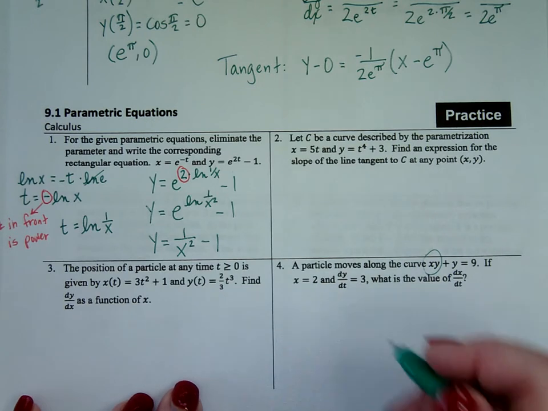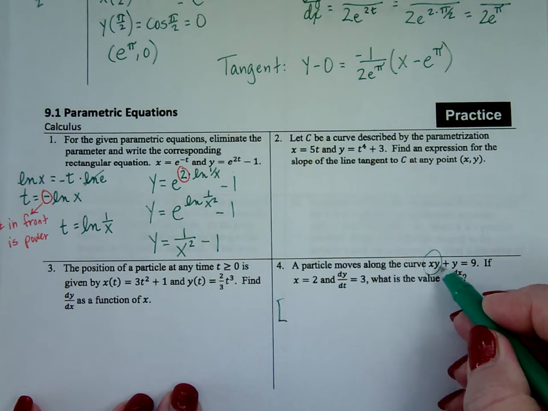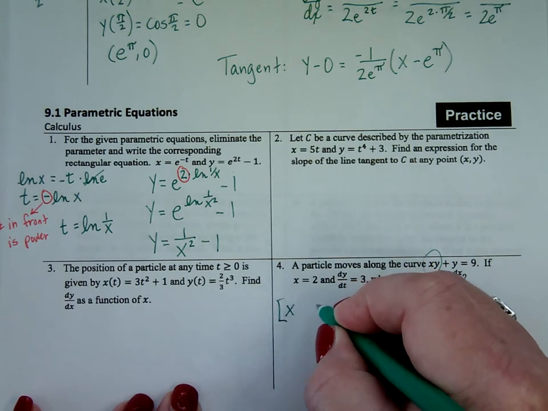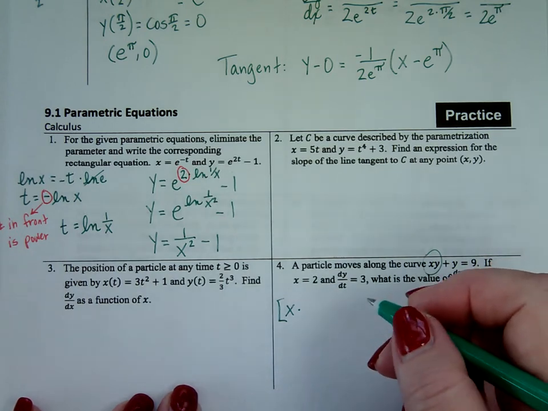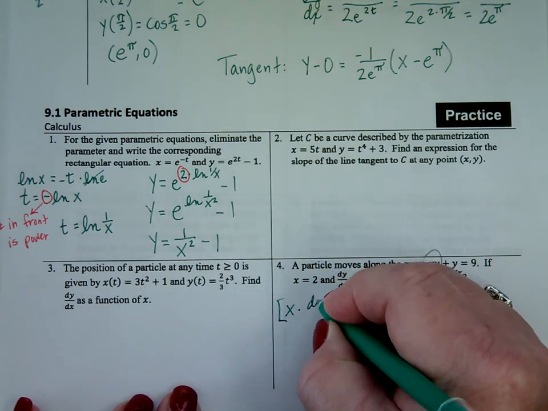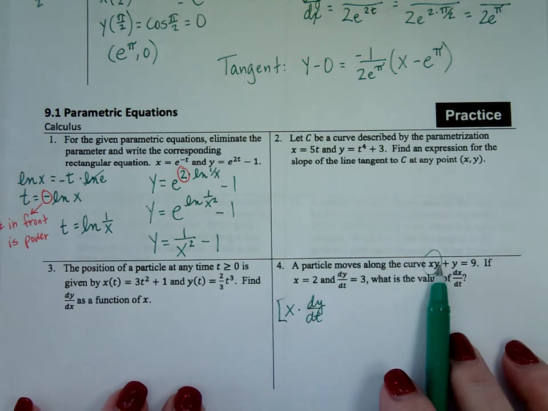And here's what makes it different. We go the first times the derivative of the second: x times, now you can use y prime, you can use dy over dt, whatever you want. We're going to use dy over dt because that's the notation they use. Remember, it would be 1, but you took the derivative of a y piece, so you have to say so.